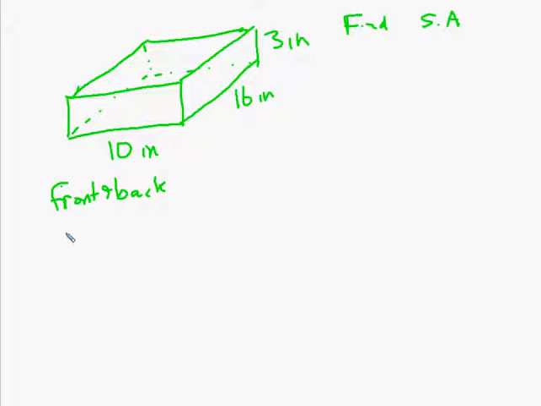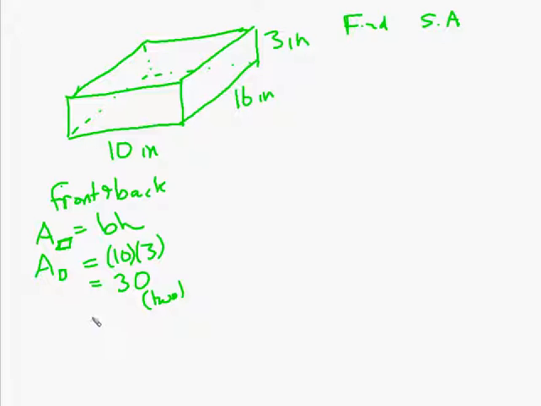Okay, what shape is my front and back? Rectangle, base times height. And what are the dimensions of my rectangle? 10 and 3. Any questions on why it's 10 and 3? No. So I get 30, but I have how many of them? 2. So I actually have 60. 60 inches squared. Okay, got my front and back.